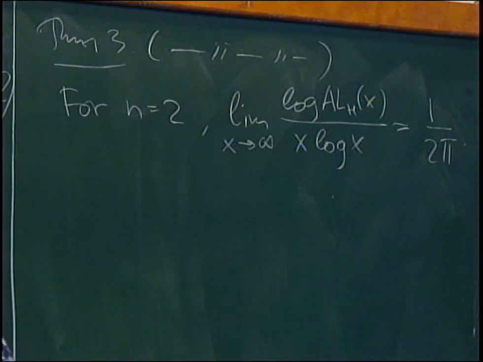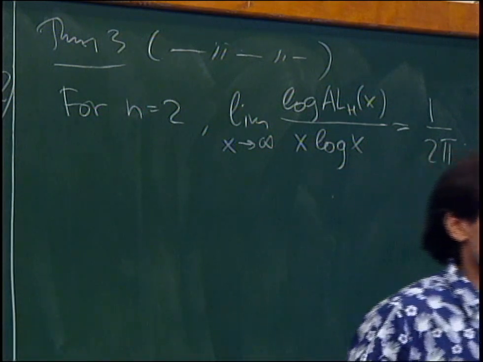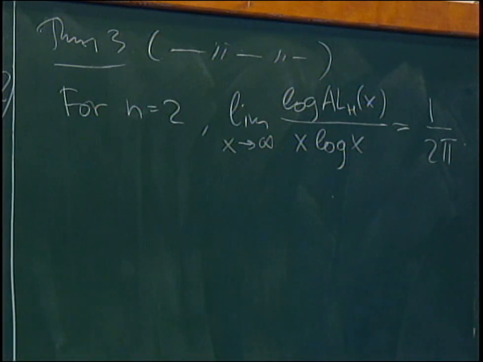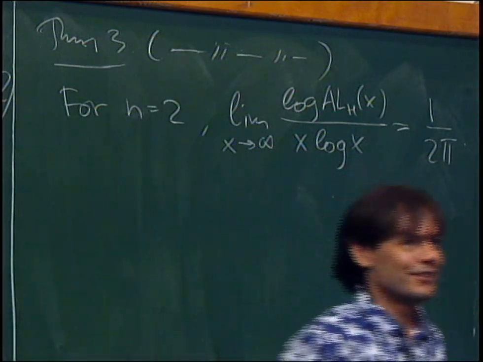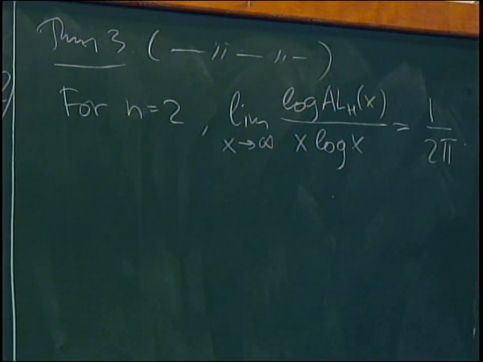But maybe the main point is not that it's 2 pi here, but that actually asymptotically these constants in the two-dimensional case are equal. And the proof uses a lot of the theory of subgroups of Fuchsian groups. So it's essentially a proof which works only for isometries of the hyperbolic plane. We had a man in the team, Aner Shalev, who knows everything we know about subgroups of Fuchsian groups.